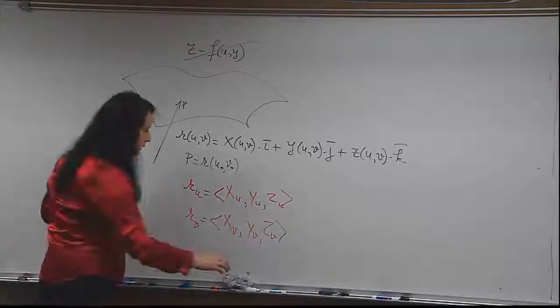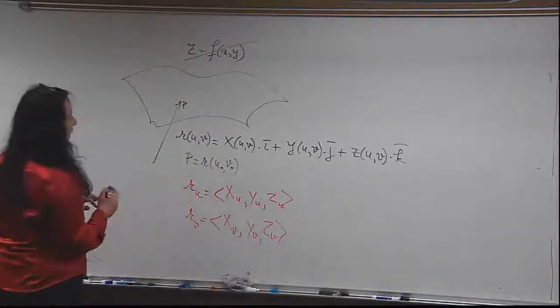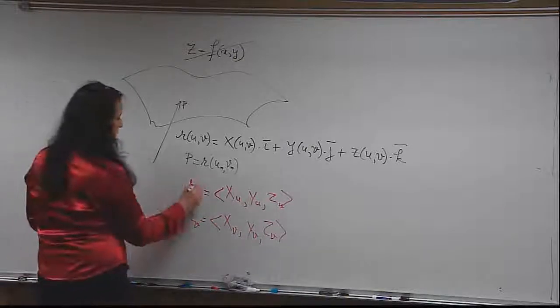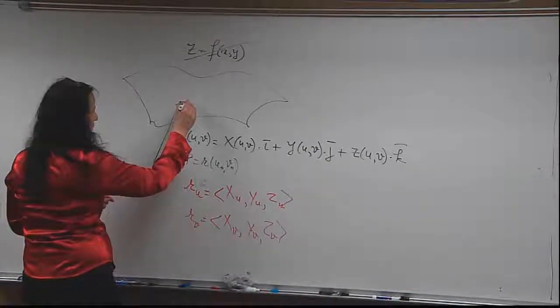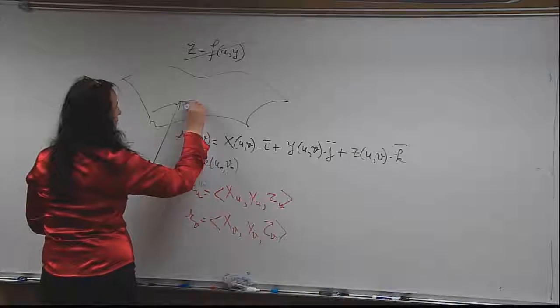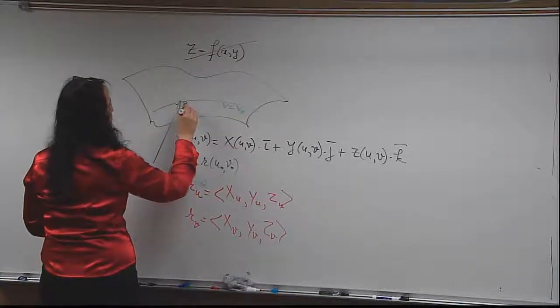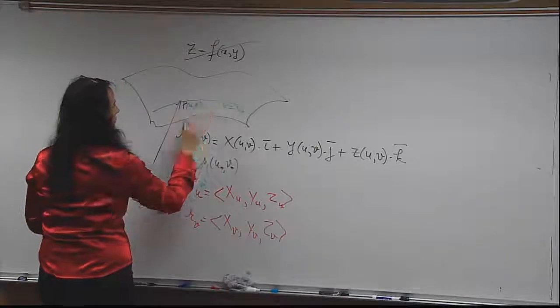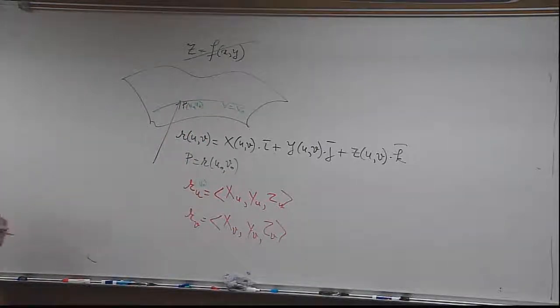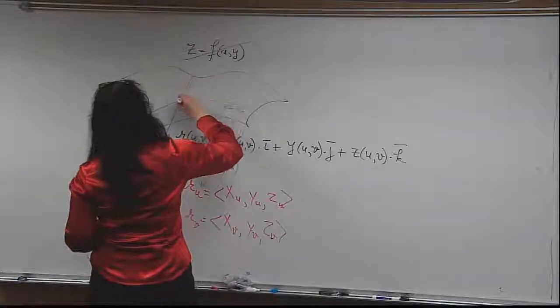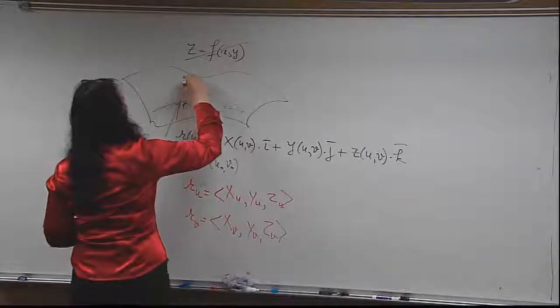We said, let's assume v would be a constant. So v is a constant, then v equals v0, and then we have P of u0, v0. And then we have another, and we have u equals u0.